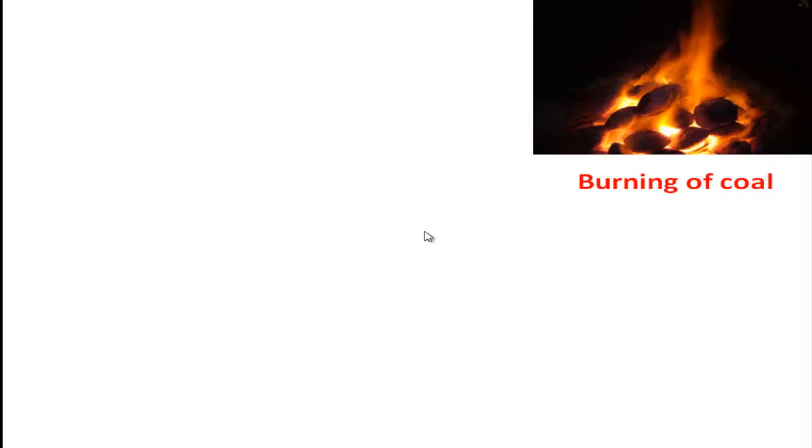The main chemical composition of coal is carbon. So what will be the equation of burning of coal? Follow here, since this coal is mainly carbon, carbon reacts with atmospheric oxygen and produces what? Carbon dioxide and heat energy.